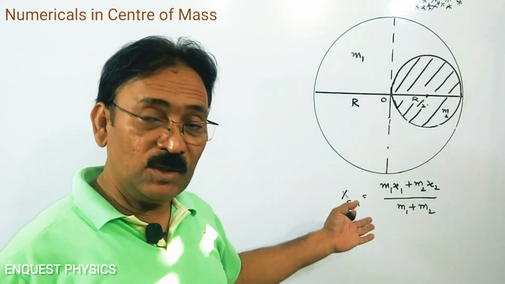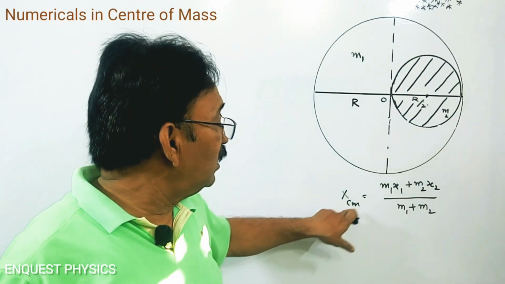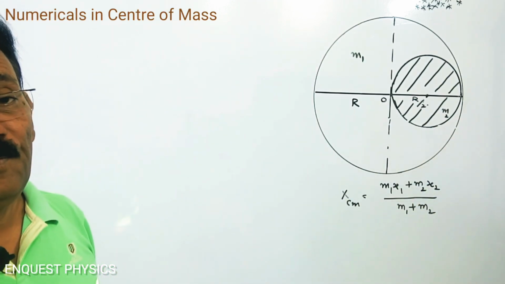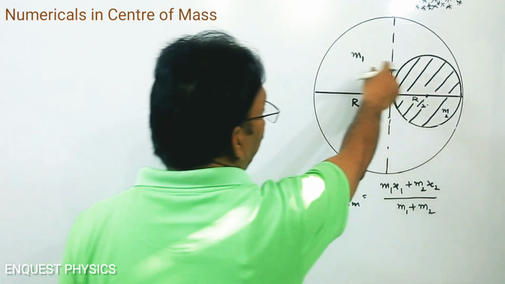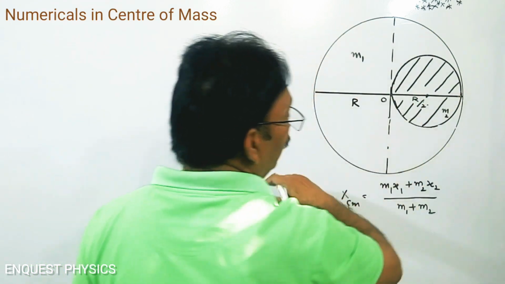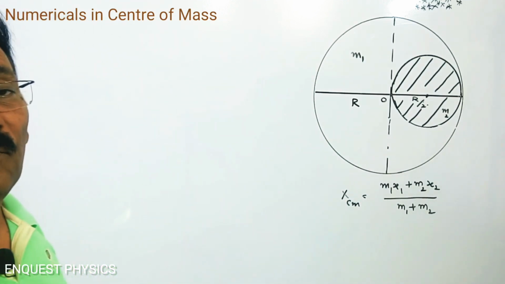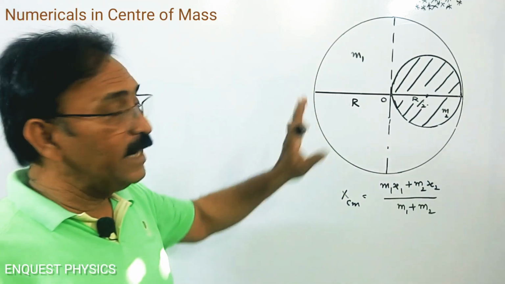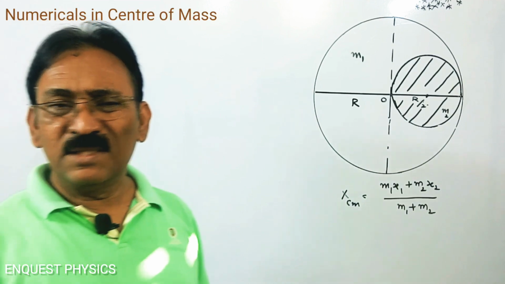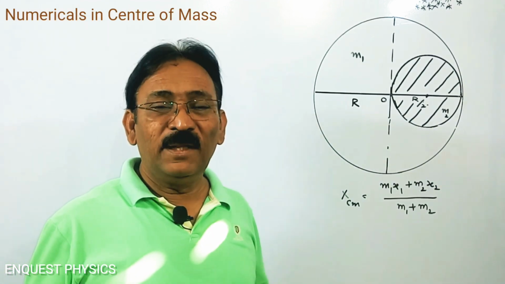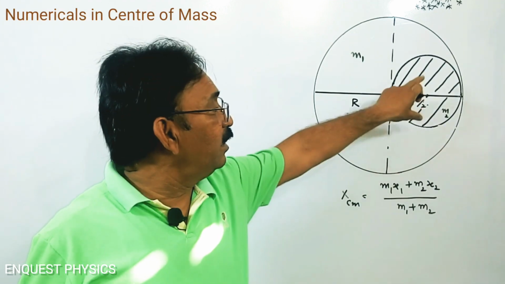If you didn't watch it, please go and watch it. Here we have to find the masses. Initially it has a mass of m1 and the removed portion has a mass of m2. We are taking the removed portion as a negative mass, students. It is just an assumption. We won't get negative masses in reality, but to make the calculations easy, we take it this way.